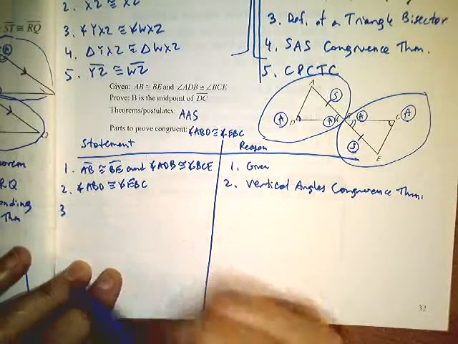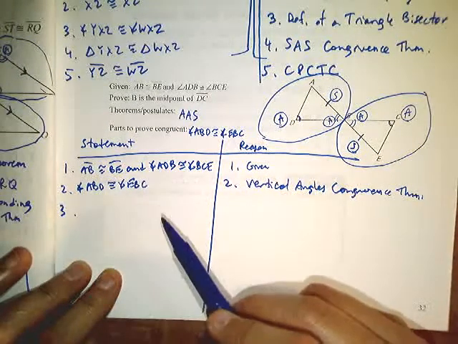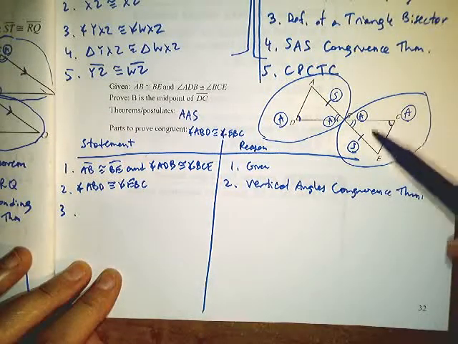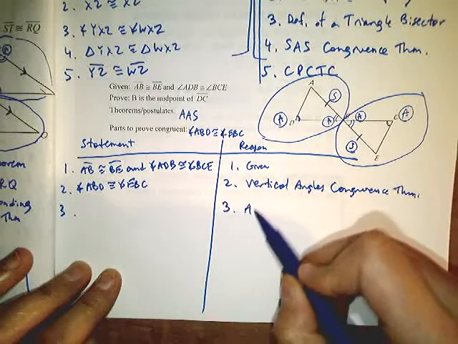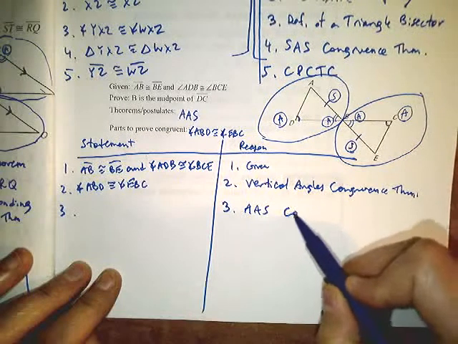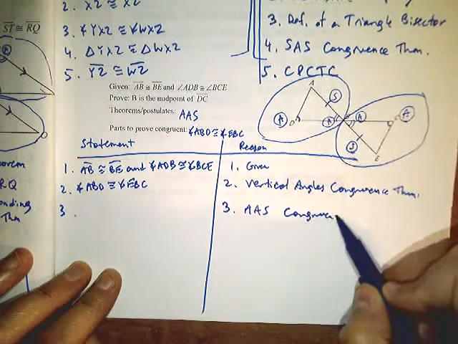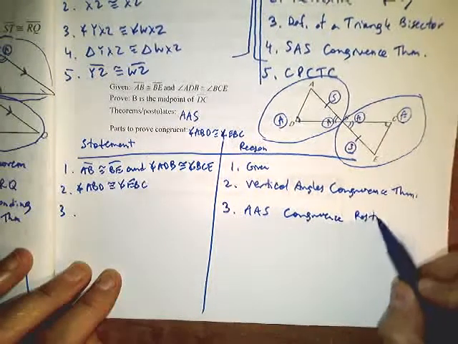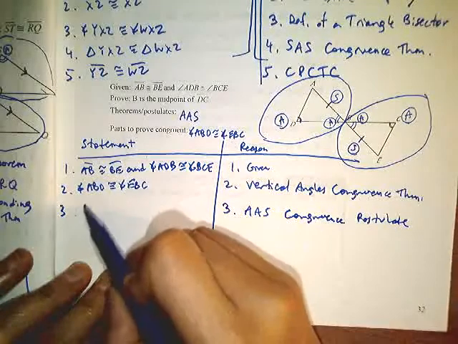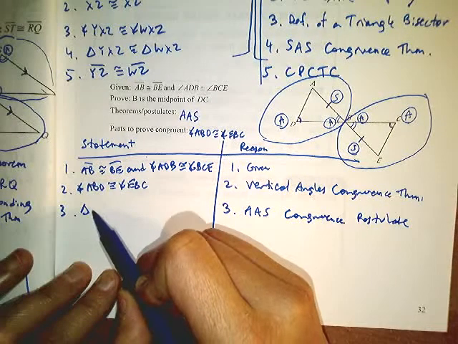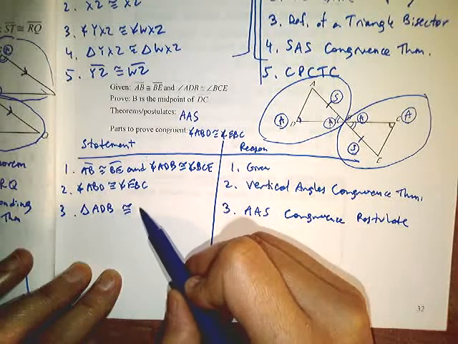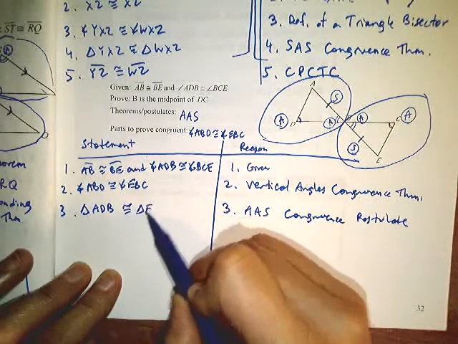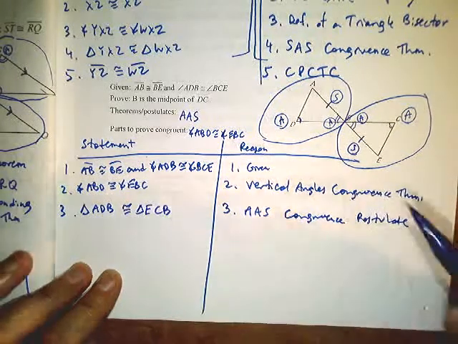And so I have two pairs of angles and one pair of sides not in between, so that would be the angle, angle, side congruence postulate for triangles, which allows me to state that triangle ADB must be congruent to triangle ECB.